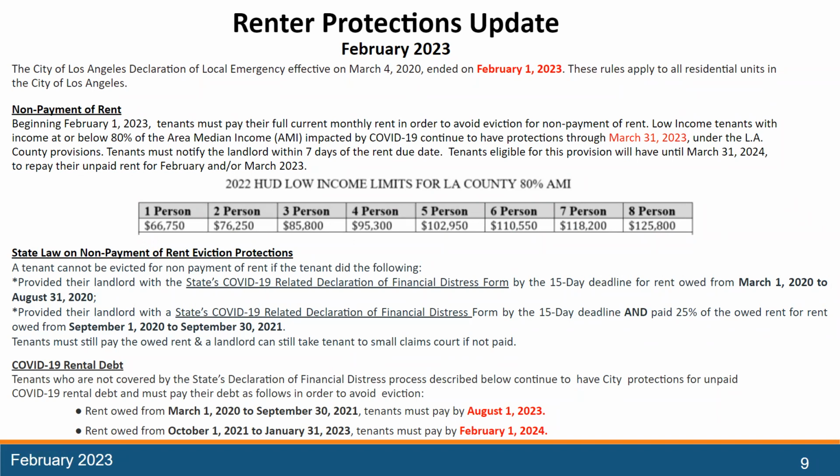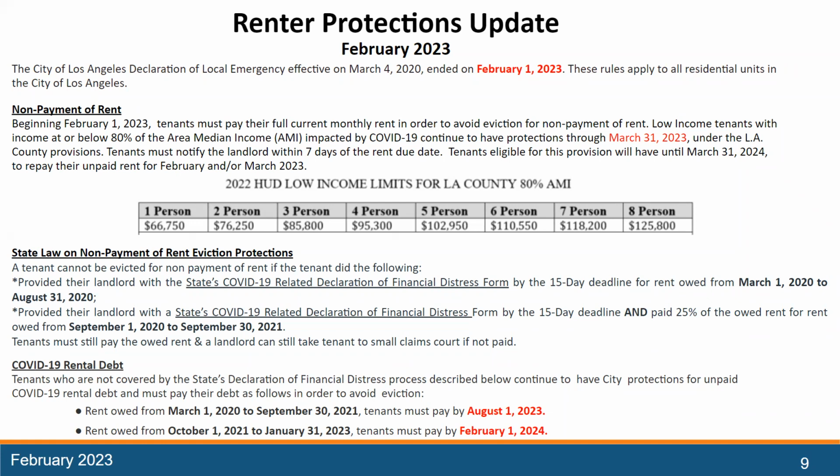So, for the first asterisk there, if rent was owed between the period of March 1st, 2020 through August 31st, 2020, tenants could not be evicted, so long as the tenant provided the landlord with a COVID-19 related declaration of financial distress form.